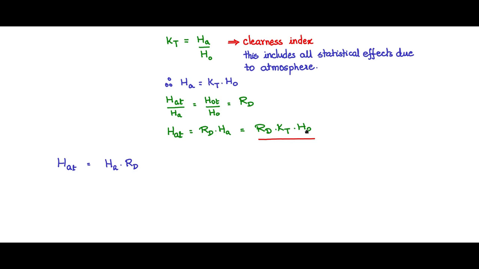A part of this KT into H naught is going off into the diffused radiation. So I will have to subtract from this the diffused component, and I will deal with the diffused component separately as a separate term. So let us remove the diffused component from this. So I will say minus HD. Let us say HD is the diffused component of the air radiation, into RD. So this part I will remove, HD into RD, the diffused component.